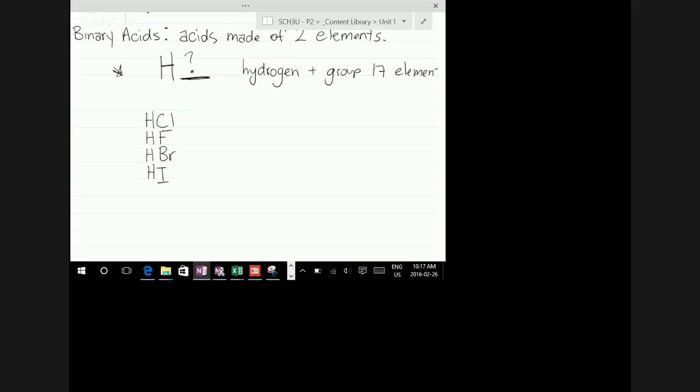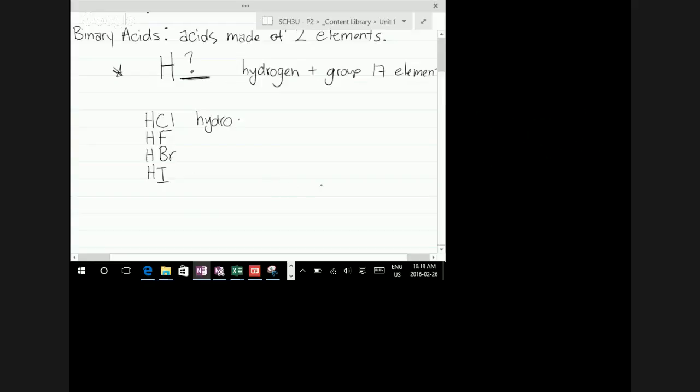You should know HCl. You've probably used it before. Hydrogen chloride is exactly what it's called when it's a gas, which is how it starts out. So you're not wrong. It would be hydrogen chloride, but when we dissolve it in water, we now give it its acidic name.